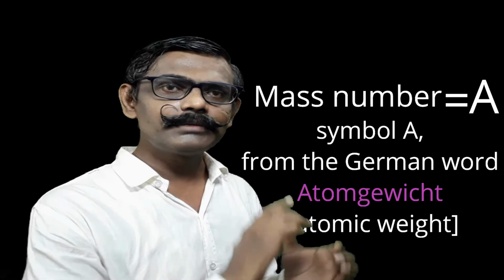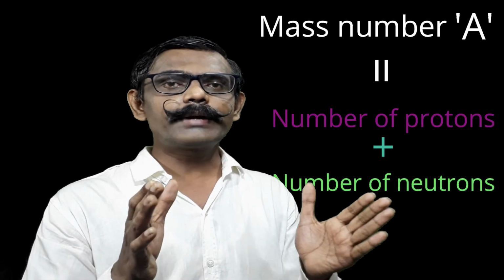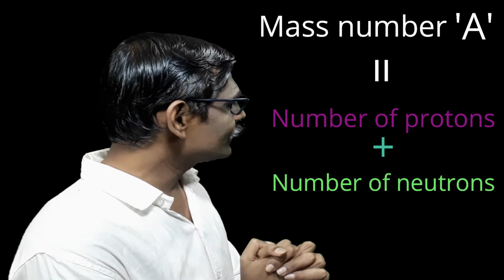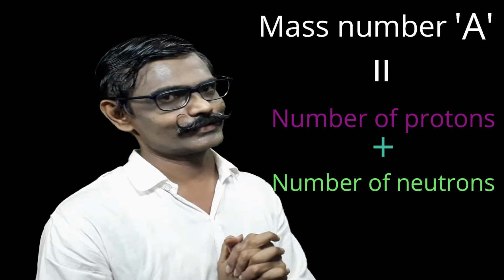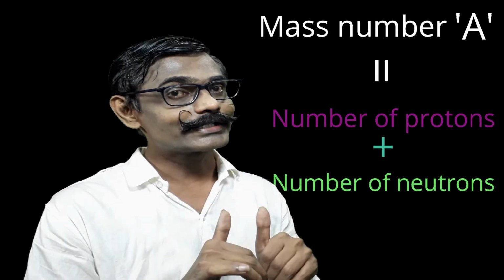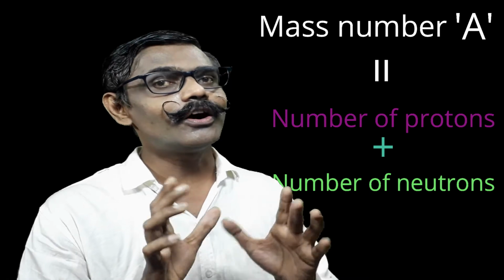What is this mass number? This mass number is the algebraic summation of the number of protons and neutrons. Protons and neutrons are in the nucleus, so in other words, I can say those are nucleons.